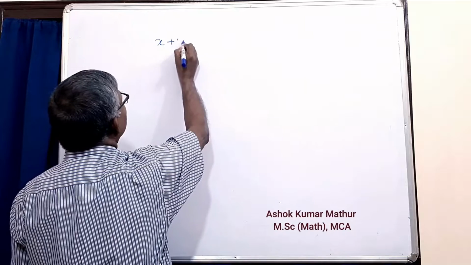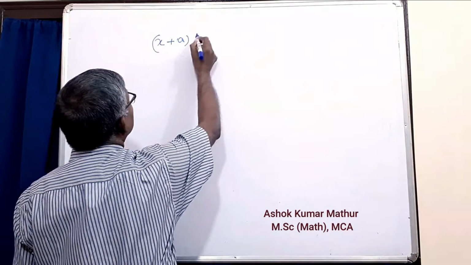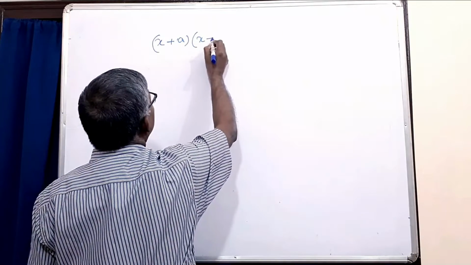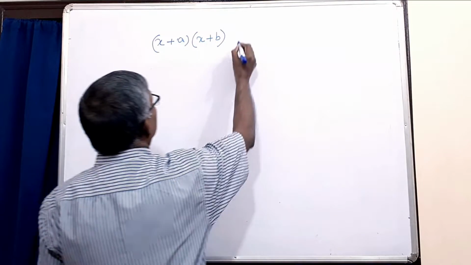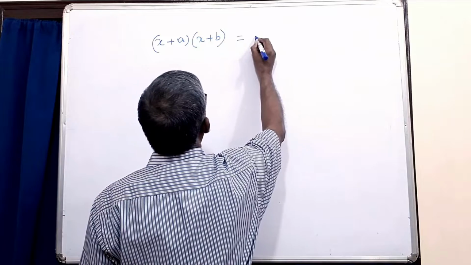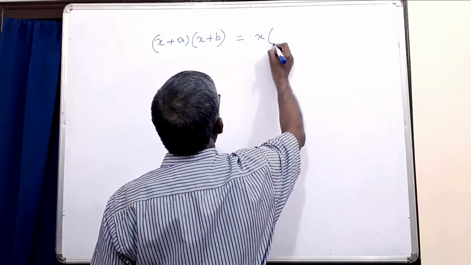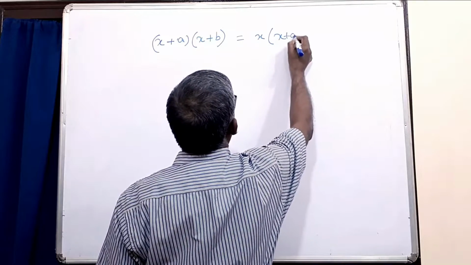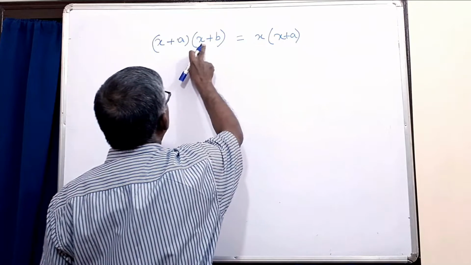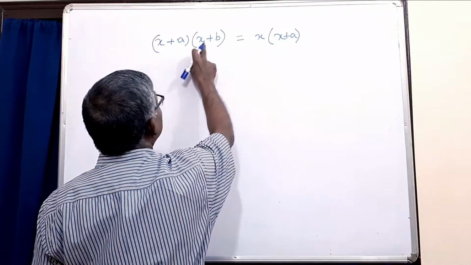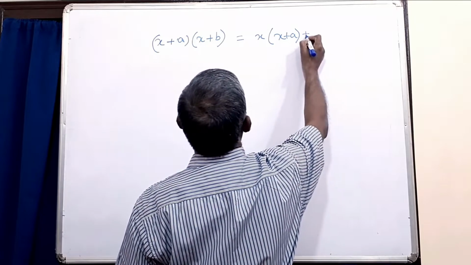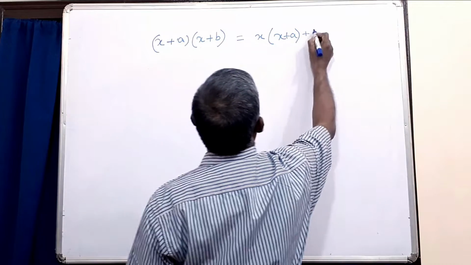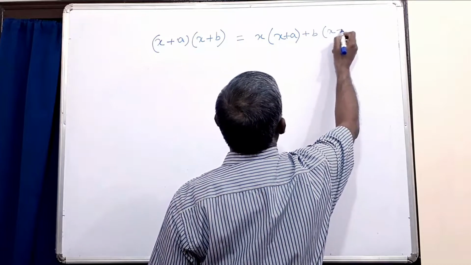Suppose x plus a is multiplied by x plus b. So we can write this as x into x plus a, plus b into x plus a.